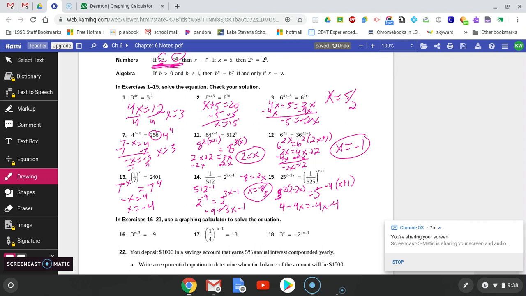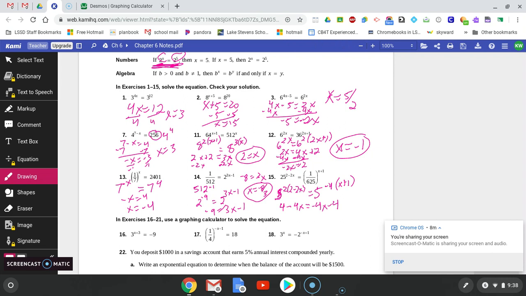So, let's see. Oh, wait, hold on. 5 to the second power. I made a mistake. 5 to the second power. Hold on. 5 to the second power is 25, and then I multiplied it through 4. Okay, never mind. We're good.